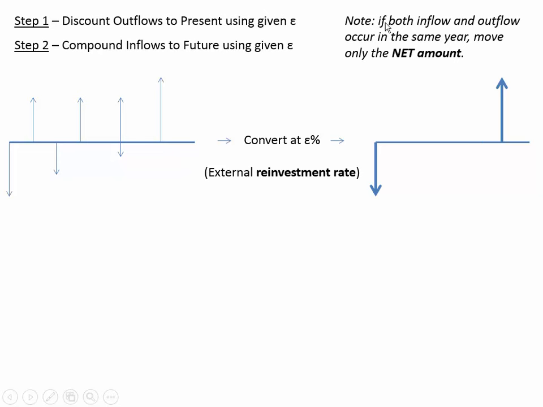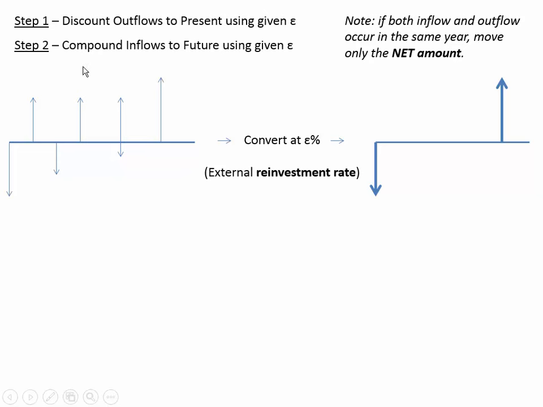Anytime revenue comes to you, you move it to the future. Now, here's that warning again about the net amount. You'll notice that in one year, you have both revenue and costs. You should find the difference between the two and then move only the difference. Don't move both pieces. So it would be a mistake if you move this cost to year zero and then this revenue to the future separately.